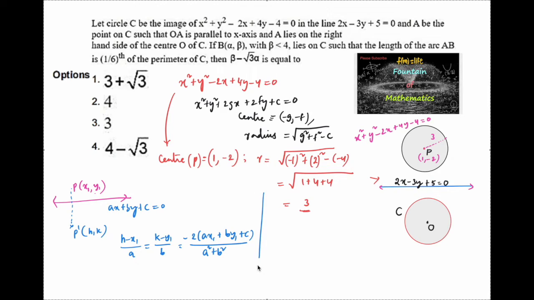So let us apply the concept here. We need to find the image of the point 1 comma minus 2, say x1 y1, and say the center is h comma k.